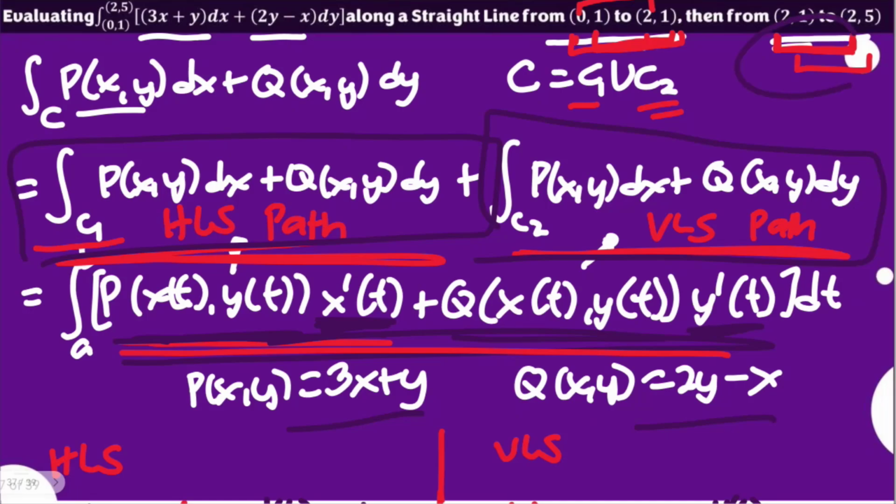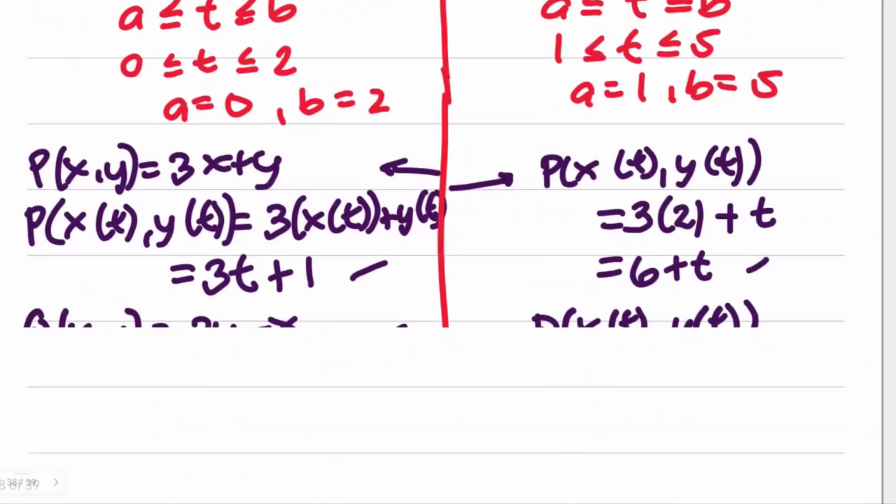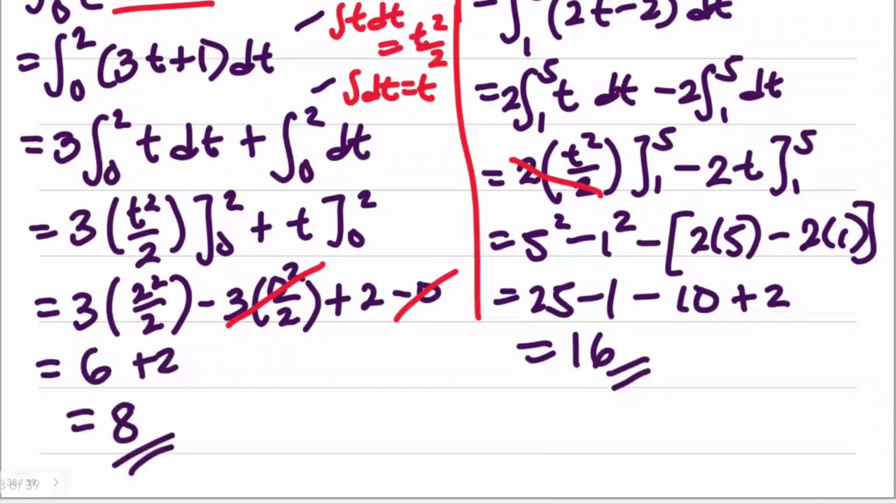This movement here. Since the two paths are connected at (2, 1), we can use here the additivity property, or the concatenation of paths, for the integrals. And obviously, we just need to combine them. So our final answer here is 8 plus 16, which gives us 24.